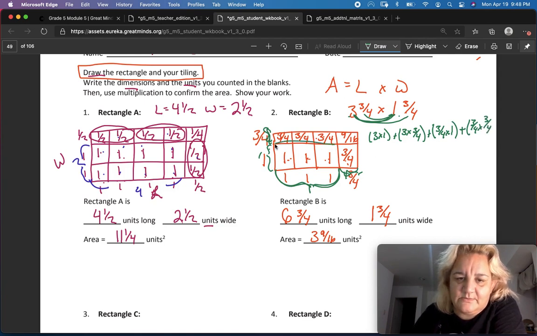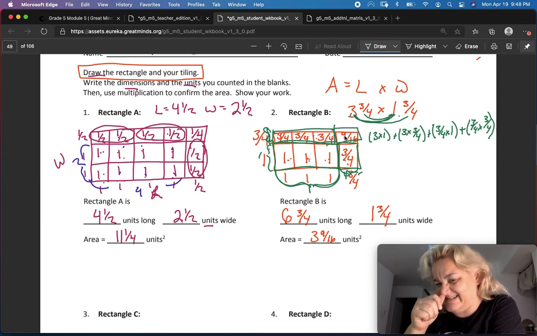So that's 3 times 1, and then 3 times 3/4, and then 3/4 times 1, and then 3/4 times 3/4. Do you see how I just split that into 4 different sections there to add it up?